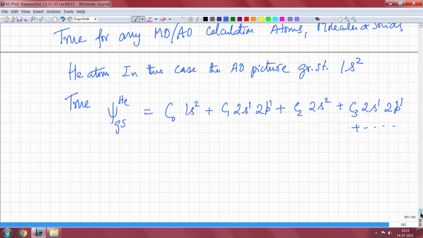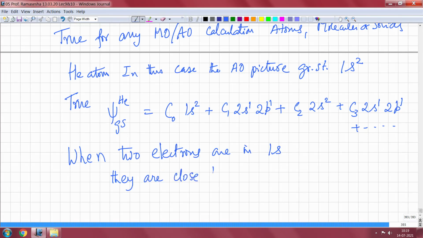So given this, why is it that you are having configurations like 2s1, 2p1? See, when two electrons are in the same orbital, or in 1s, no doubt they are close to the nucleus and so enjoy the electron-nuclear attraction.